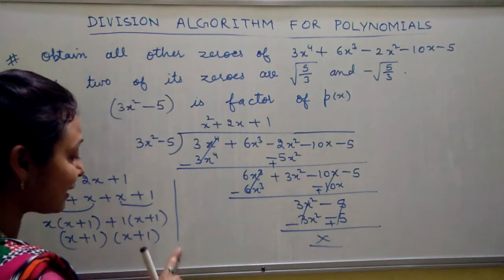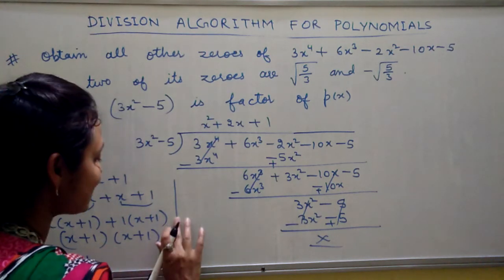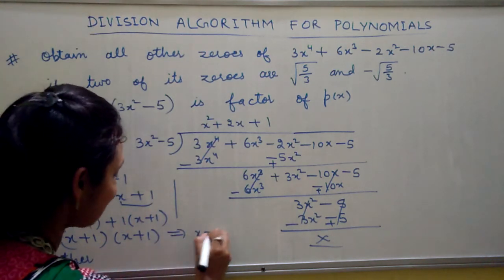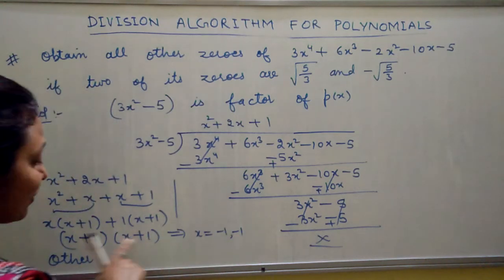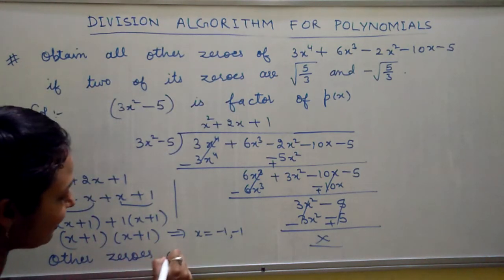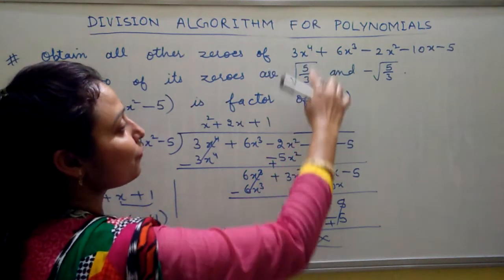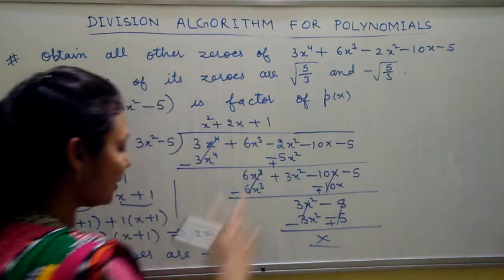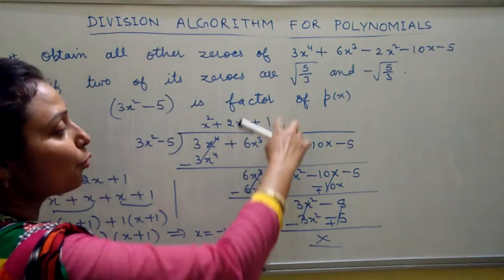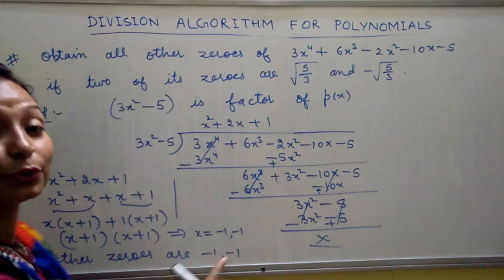When we equate these to 0, the other zeros are minus 1 and minus 1, because the polynomial has power 4. Two zeros are given to you and two we get from the quotient. By factorizing the quotient, we get the other two zeros.